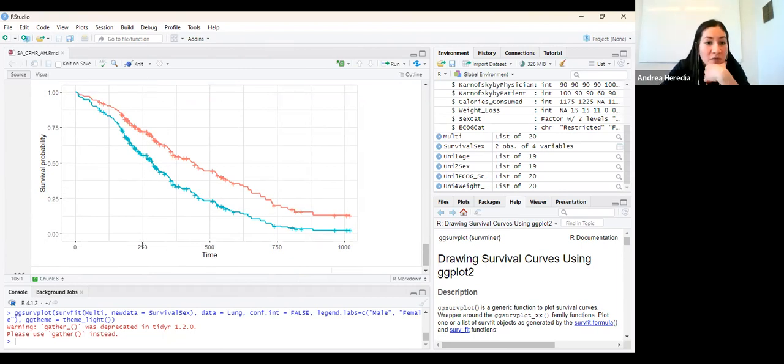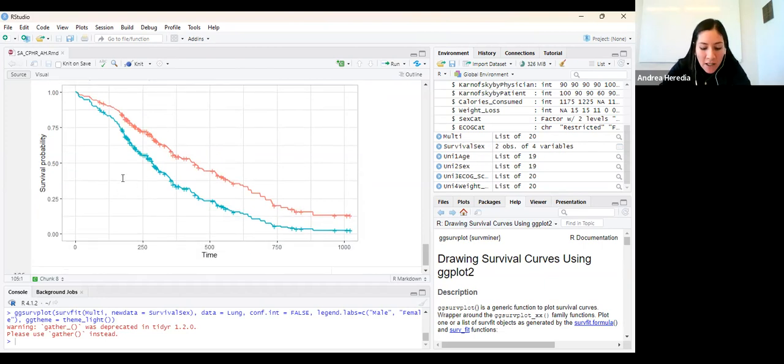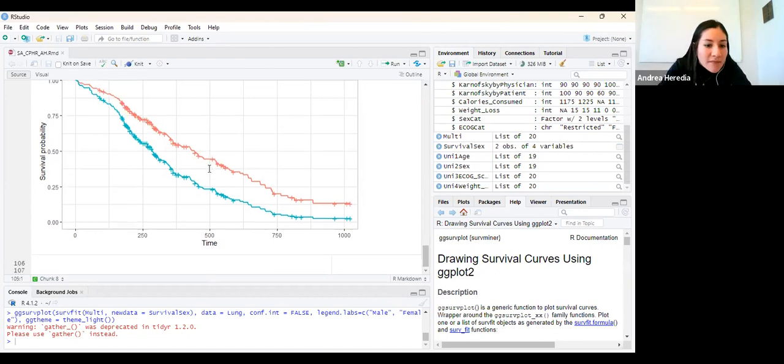At time 255, for example, the probability of survival for the males is approximately 0.55 or 55%, and 0.75 for sex 2, in this case females. Any questions so far?